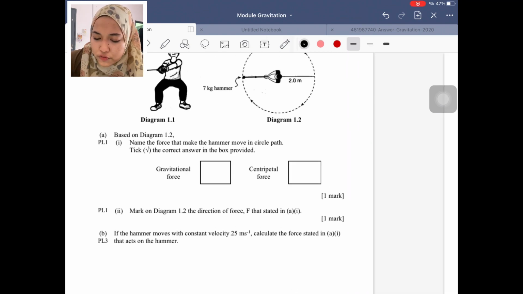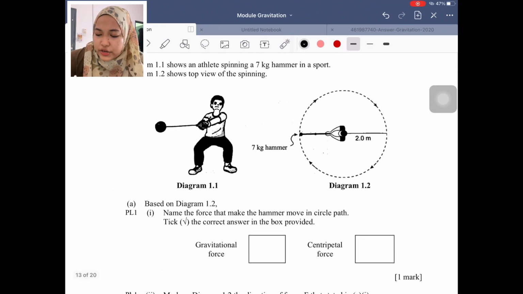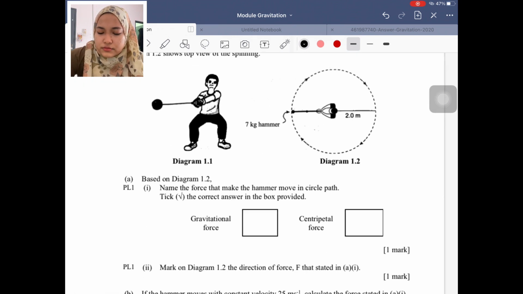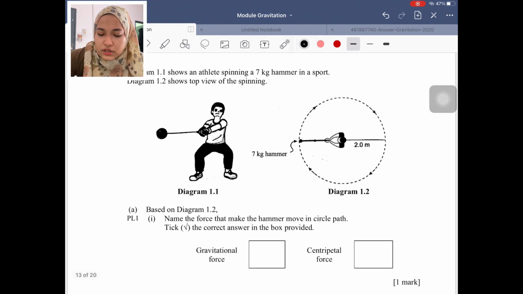So now we move on to question number 3. Okay, so this is question number 3. So diagram 1.1 shows an athlete spinning a 7 kilogram hammer in a sport. So diagram 1.2 shows top view of the spinning.